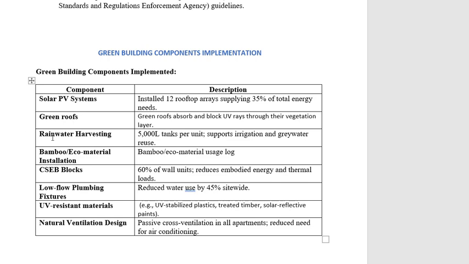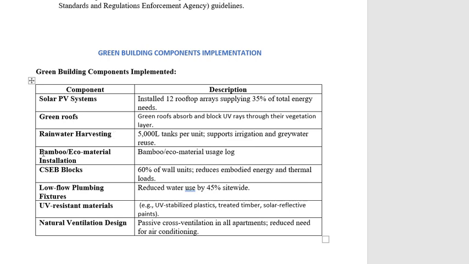We talk about rainwater harvesting. This is where you install, maybe, a 5,000 liter water reservoir in a specific part of your roof, where you store rainwater to help reduce water consumption.